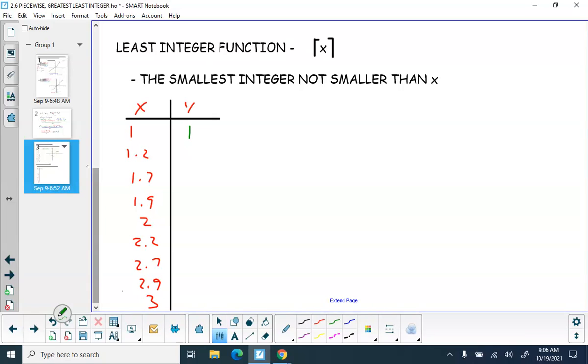What's the smallest integer not smaller than 1.2? 2. 1.7, 2. 1.9, 2. And then 2 would be 2. Then if I go 2.2, 2.7, 2.9, all these are going to be what, Todd? 3.